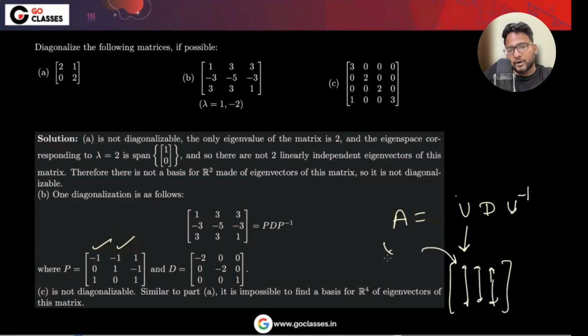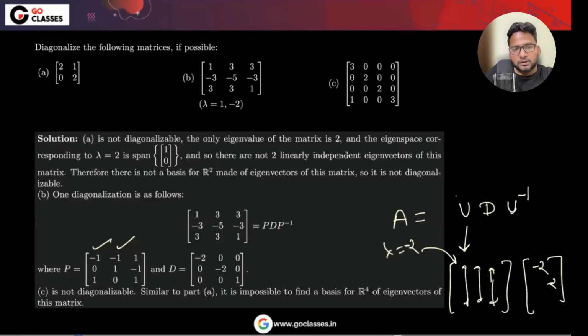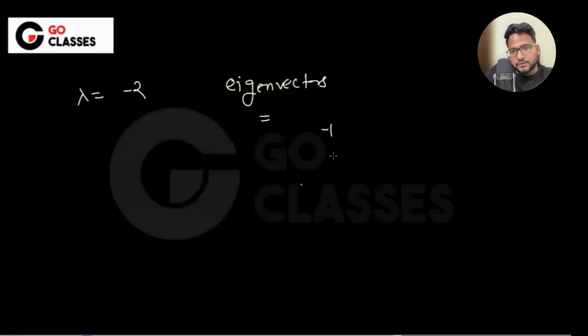Now, if you're writing the eigenvector corresponding to, let's suppose, lambda equal to minus 2, then lambda equal to minus 2 will be here, and then minus 2, it should be in the same order. So what I'm trying to say, let's suppose you got corresponding to lambda equal to minus 2 the eigenvectors like this: minus 1, 0, 1, and minus 1, 1, 0.